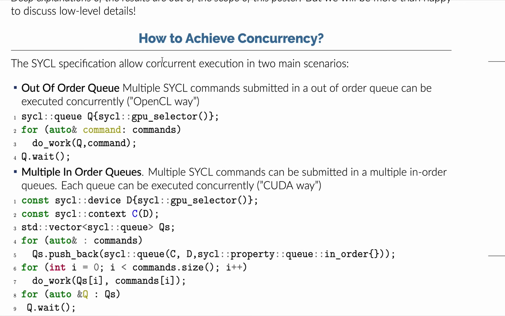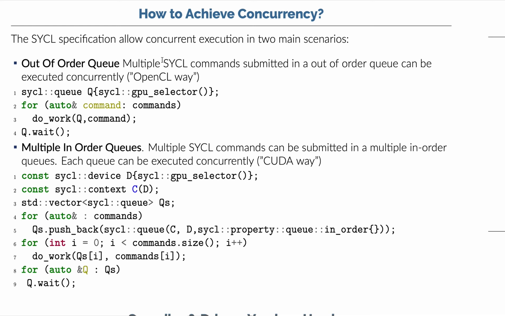Now the question is how to write your code if you want to achieve concurrency. In SYCL we have two main ways. One is maybe the OpenCL way, where you create an out-of-order queue, submit your commands in this out-of-order queue, and then wait, hoping that the commands will be executed concurrently if possible.